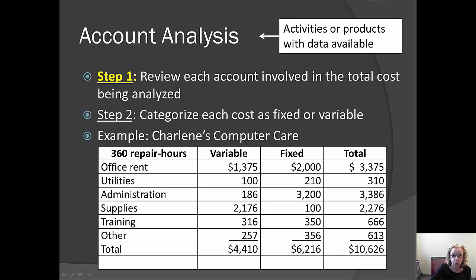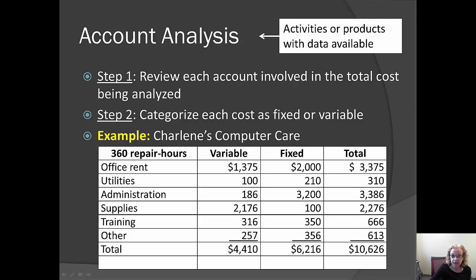Then, we're going to categorize those costs as fixed or variable to the best of our ability. So let's take a look at the accounting records for Charlene's Computer Care and see what we found.